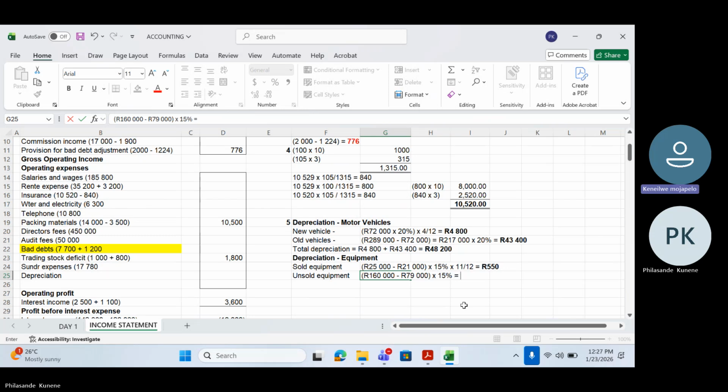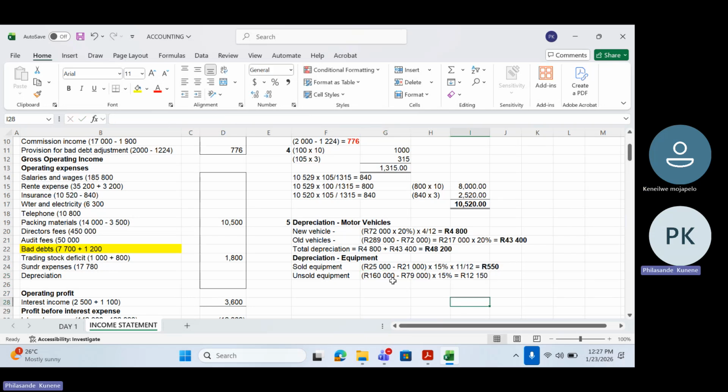And then you'll get your answer of 12,150. 160,000 minus 79,000 times 15%. You're getting how much? 12,150. So this is your depreciation for the equipment that was unsold, né?